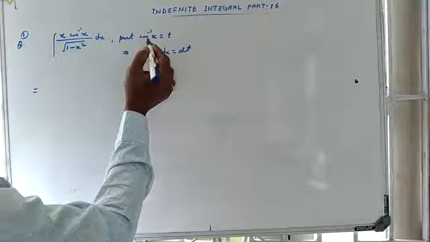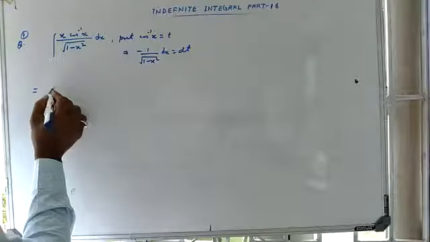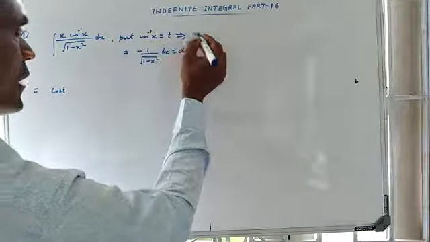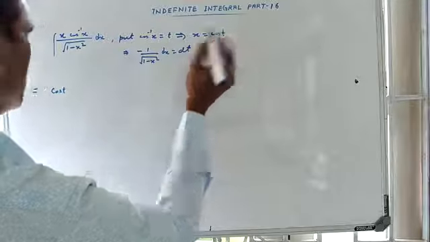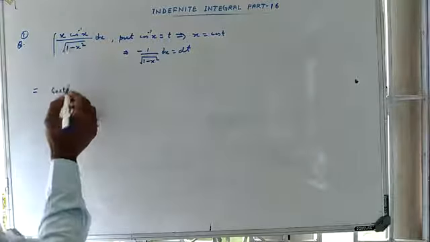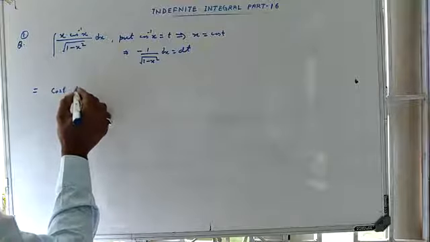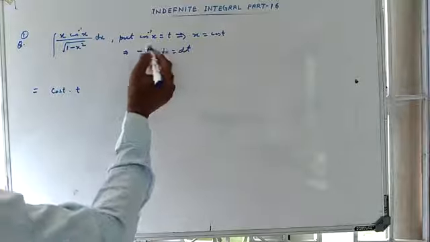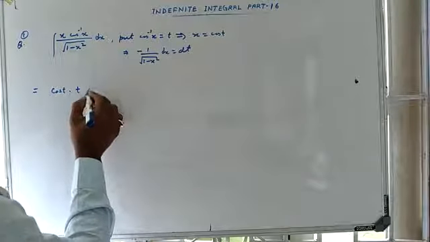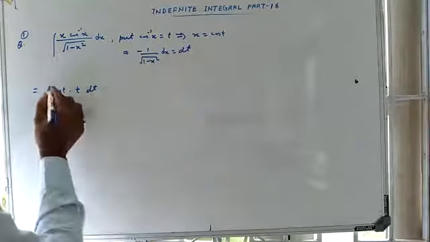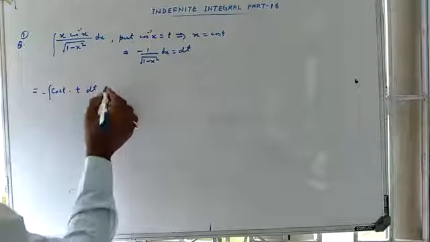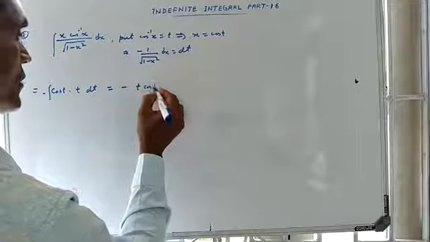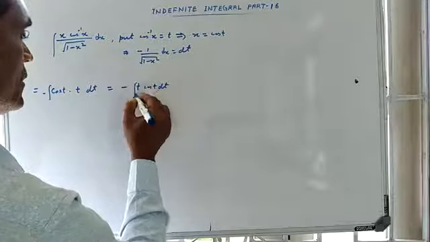And x equals cos t. So x is cos t, cos inverse x is t, and dx with this minus sign becomes dt. So it will be the integral of t cos t dt.